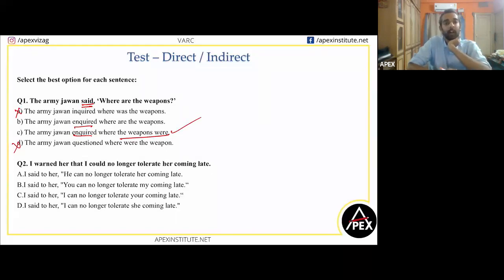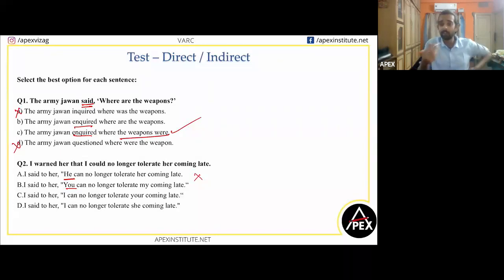Next one. I warned her that I could no longer tolerate her coming late. So what will it be? It will be I said to her. So all four of them are having I said to her. Next one. He and you should not be there. Definitely, because I am the one. Why not question?